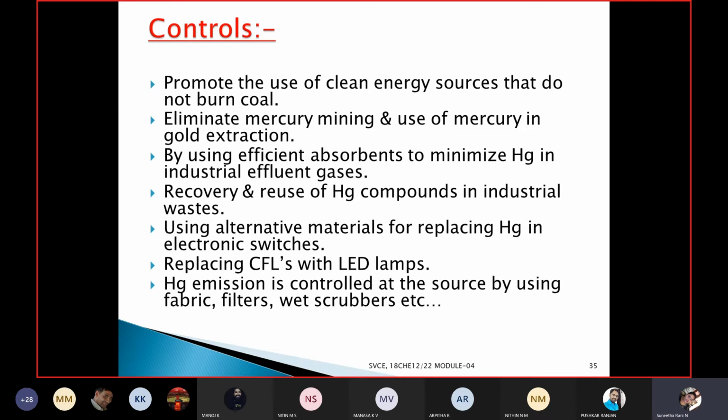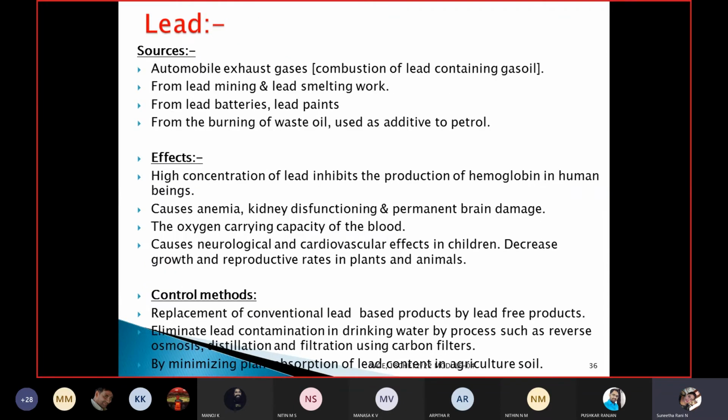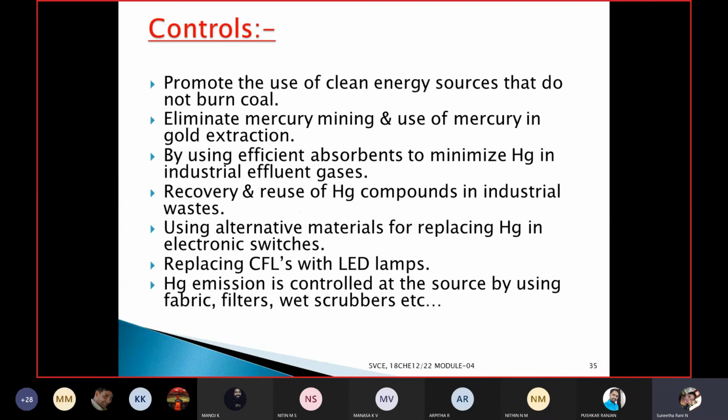Use alternative materials, replace mercury in electronic switches, and replace CFLs with LED lamps. Mercury emission is controlled at the source by using fabric filters and the wet scrubber method. If you adopt all these procedures, you can control the deposition of mercury as a pollutant in the atmosphere.